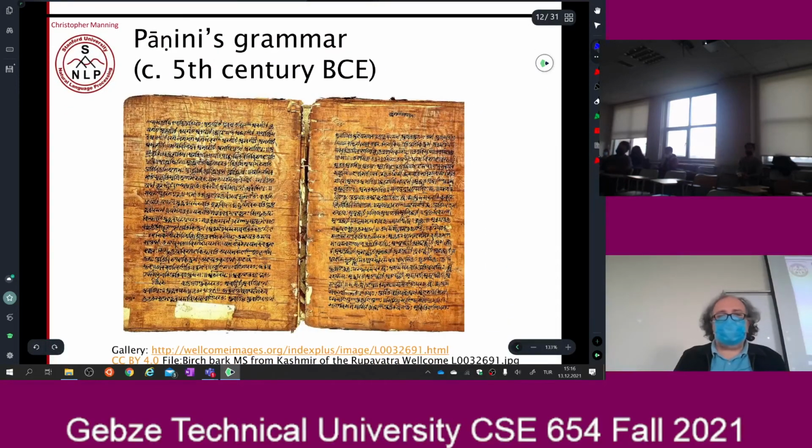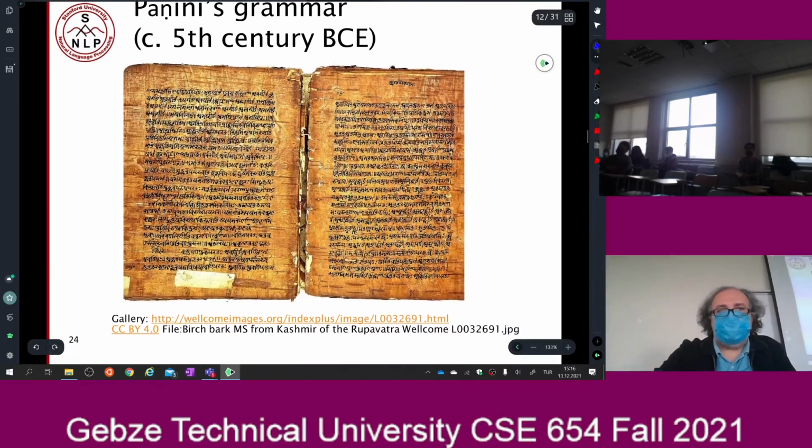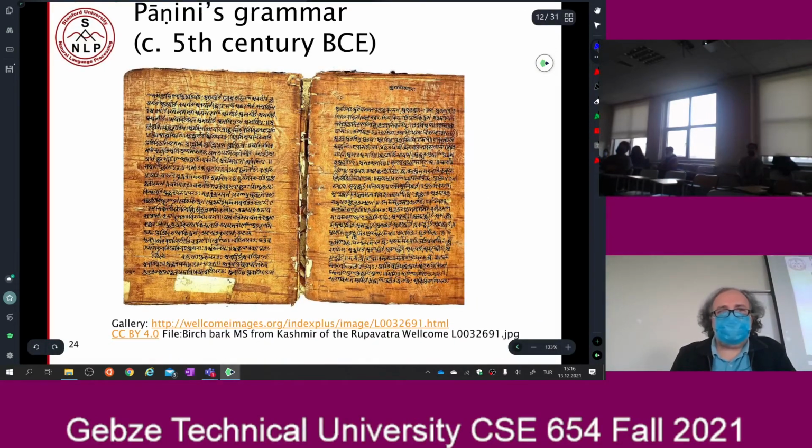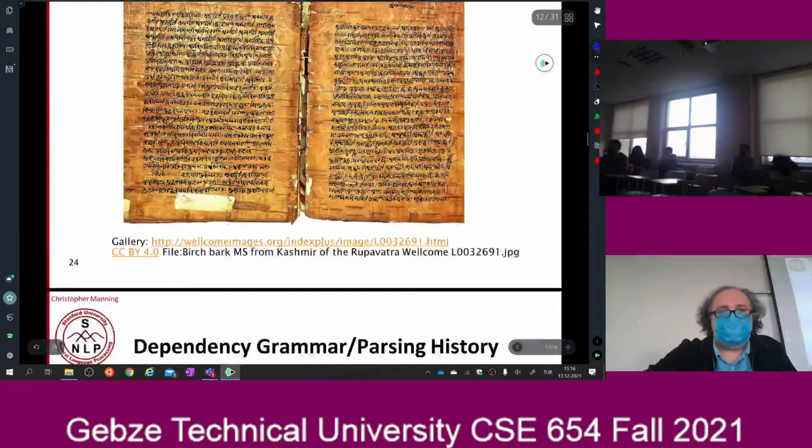By the way, these dependency grammars are older than the constituency grammars. People have been using them in the 5th century BCE for the Arabic language, that's what they say.